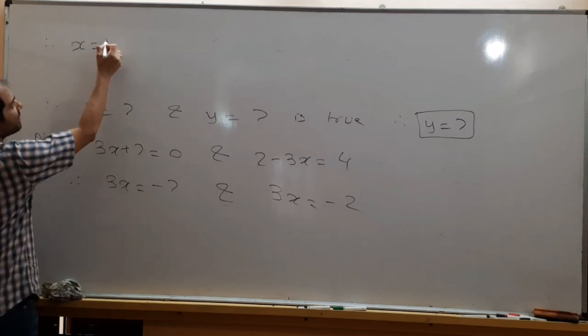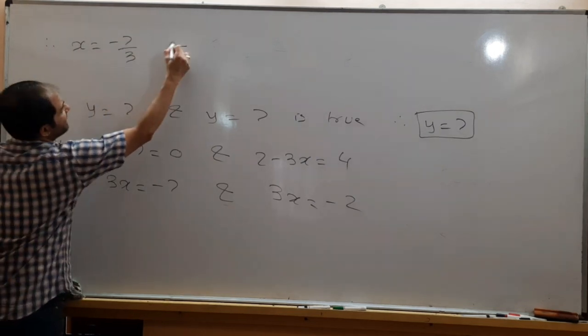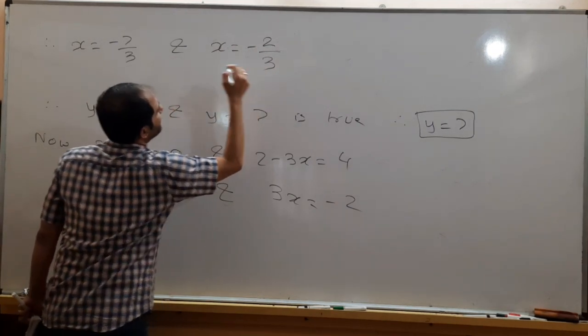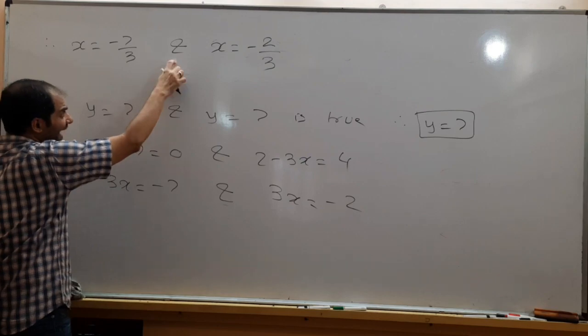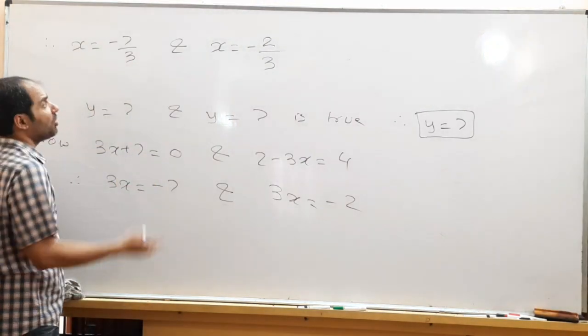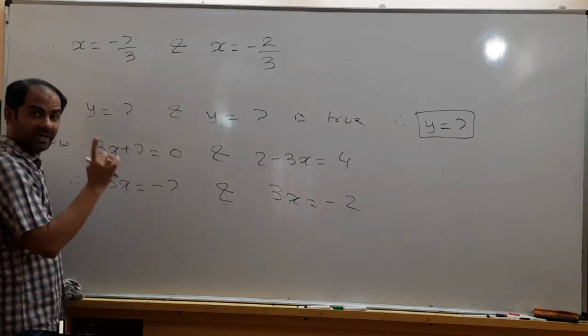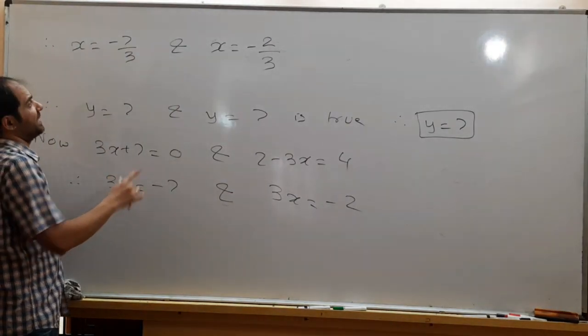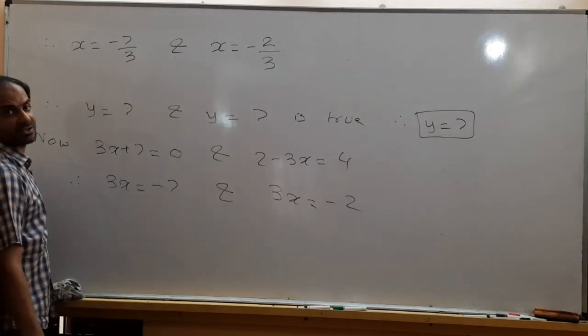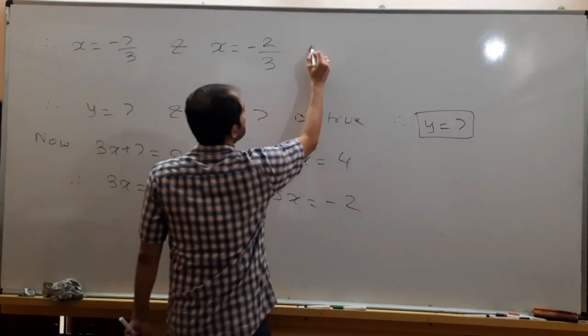So from here I will get x equal to minus 7 by 3 and from here x equal to minus 2 by 3. The meaning of 'and' suggests both the values of x must be the same, or we can select only the common values of x which are appearing. Here we are getting x as minus 7 by 3 and here x is equal to minus 2 by 3. So I will write it is false.